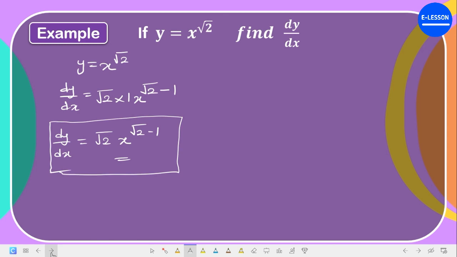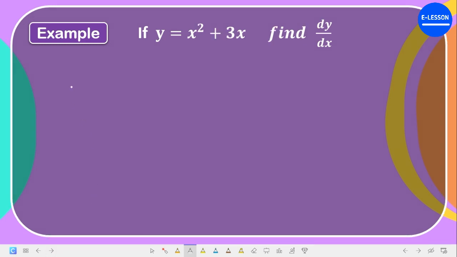Let's proceed. Now you are given this question. How do you solve it? The ones I've been doing since are the ones with just one variable, like there is no addition nor subtraction. It's independent, just one standing on its own. So we have y is equal to x squared plus 3x.